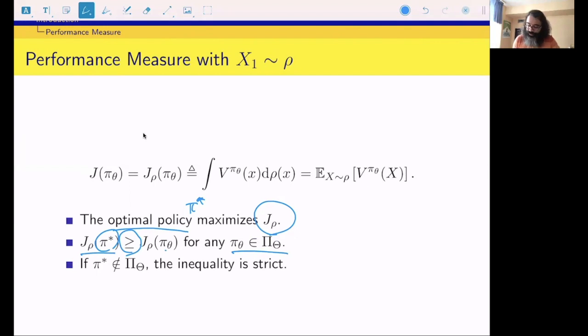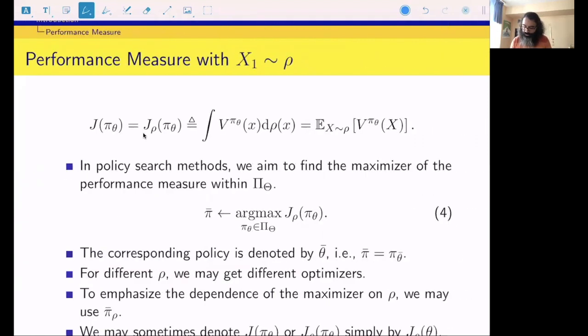But if pi star does not belong to that policy space, then the inequality can be strict, or is going to be strict. So it would always be a higher value.